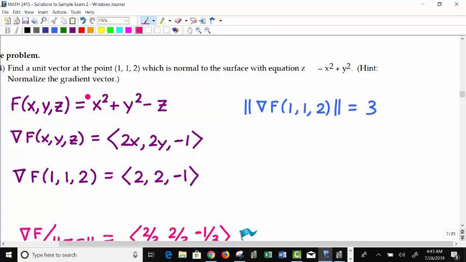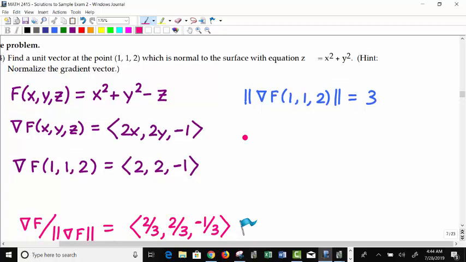We move the z over and make it implicit looking because it's so much easier. For an explicit function like this, the last component is always going to be negative 1. But that's okay.